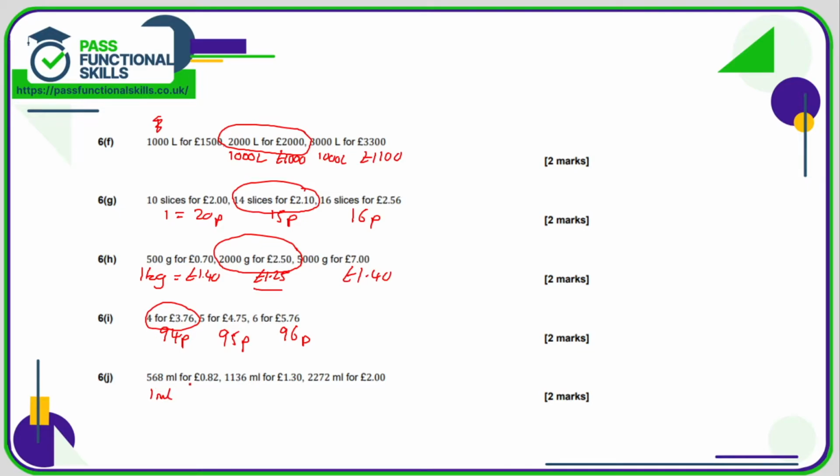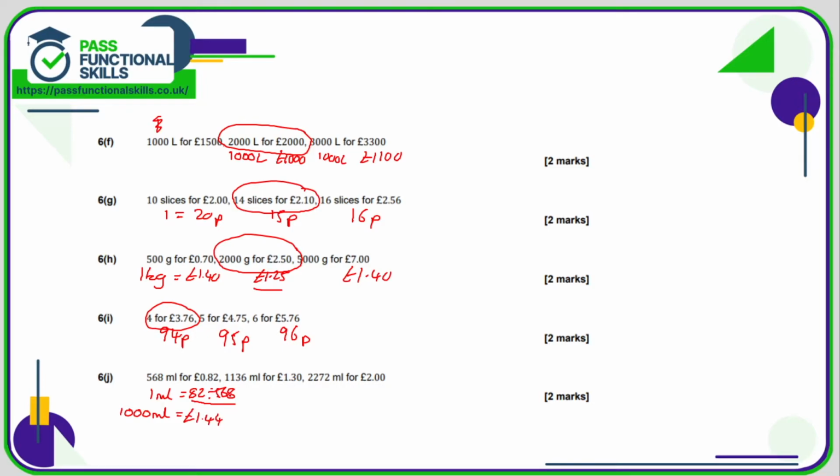So if 568 costs 82p, then 1 millilitre is going to be 82 divided by 568. Now I don't really care what that value is, because the next thing I'm going to do is work out what 1000 millilitres is, and it's just going to be this figure here times by 1000. So 82 divided by 568 times 1000, and that works out as 144. Let's just call that £1.44.